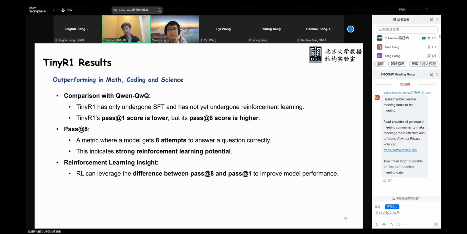For the same size, Qianwen QWQ, that's a 32 billion model, and Tiny R1, the difference of their pass 8 score is different. From this aspect, QWQ is harder. I see. Yes. Okay, cool.